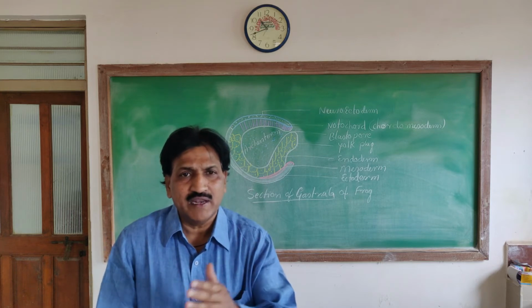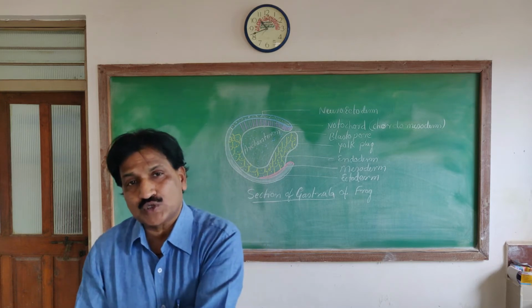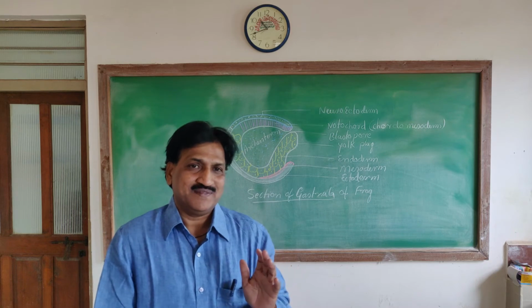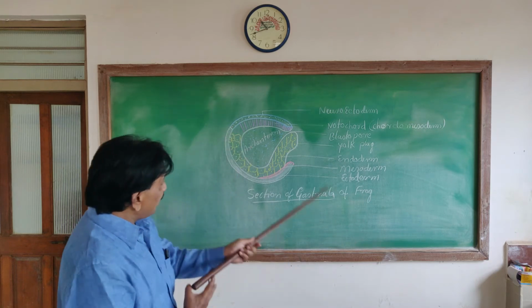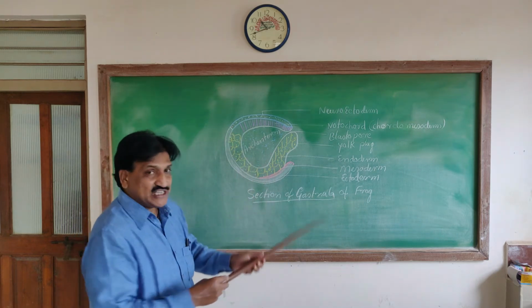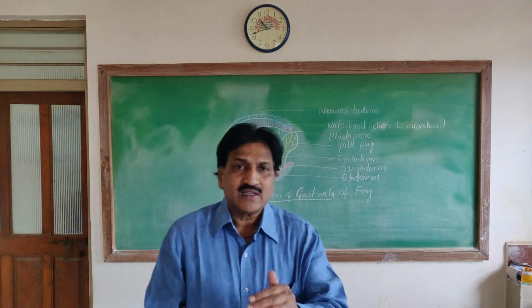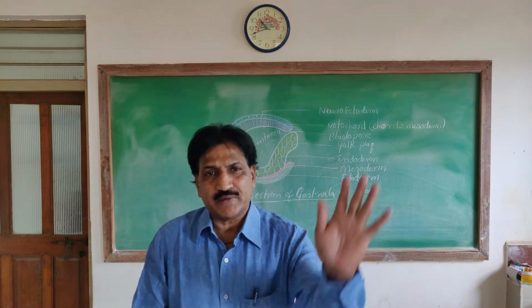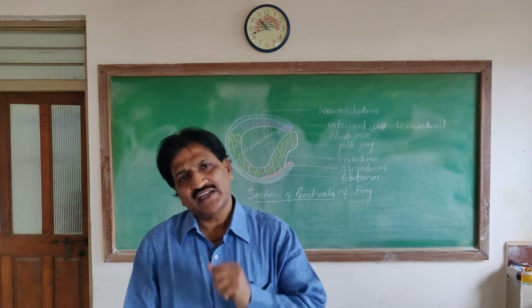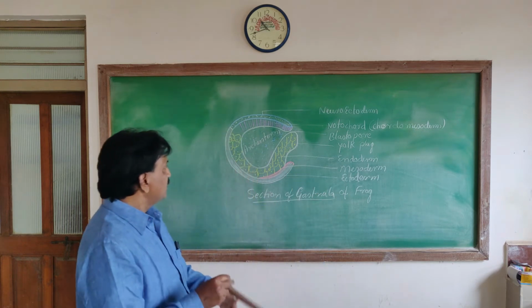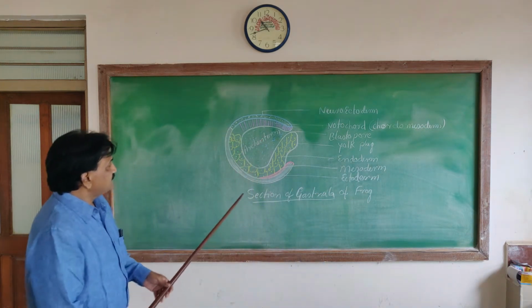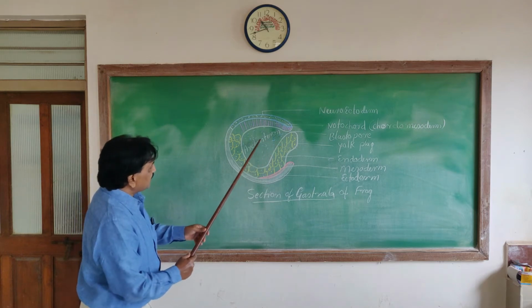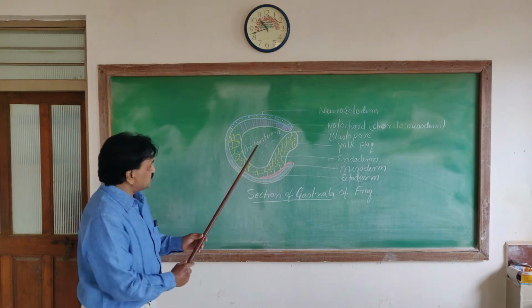For example, in blastula, the cavity of the blastula is called blastocoel. Okay, now after the formation of this new cavity, the archenteron, the blastocoel gradually disappears, totally disappears.